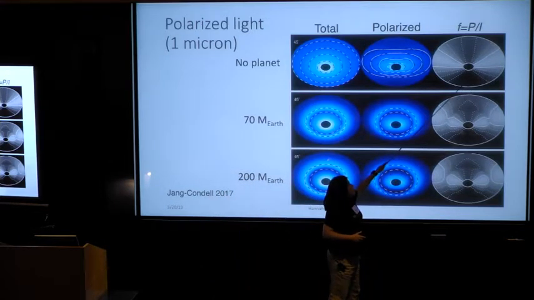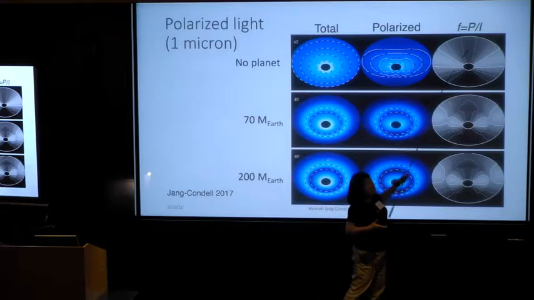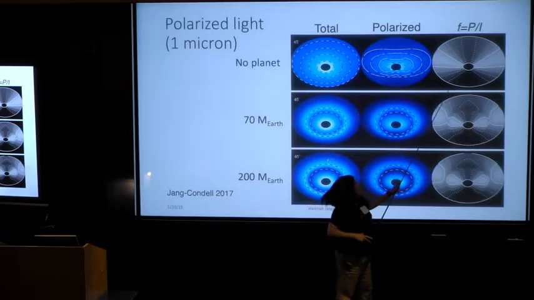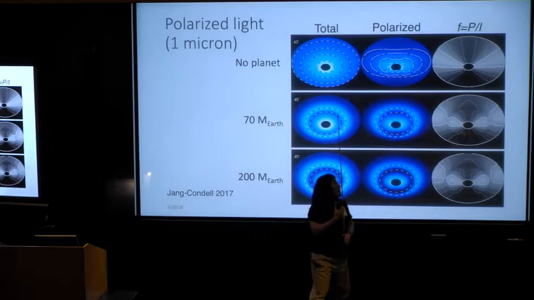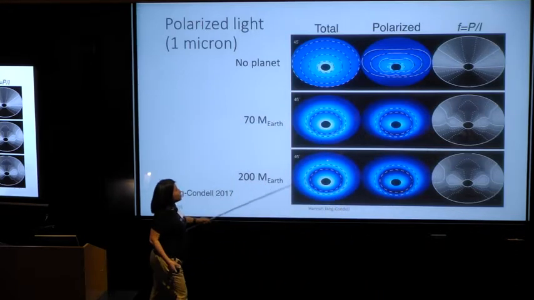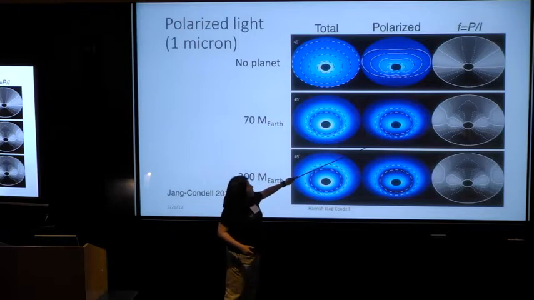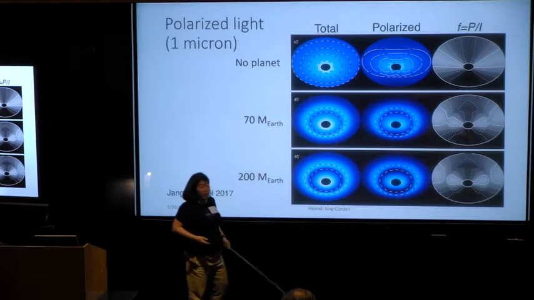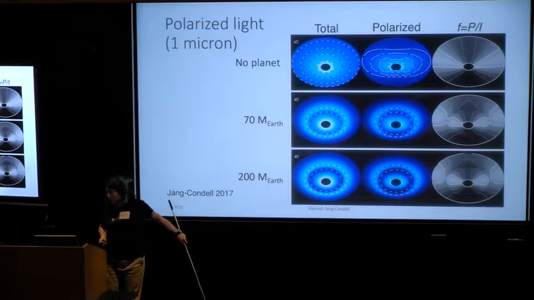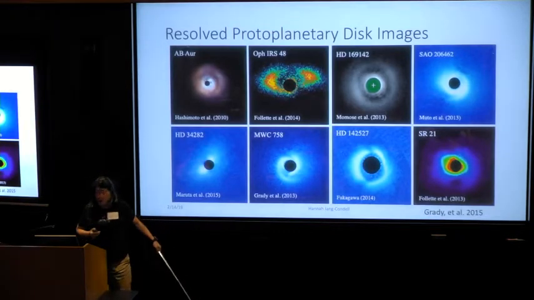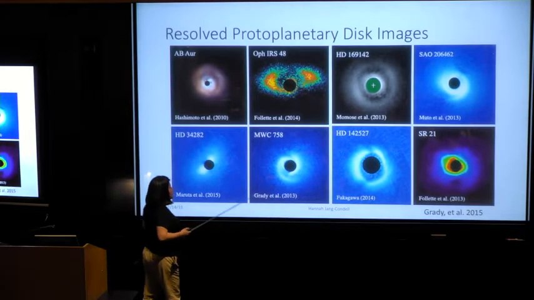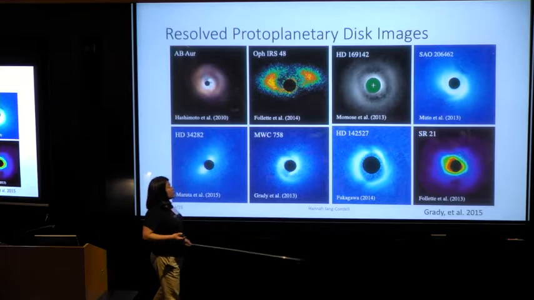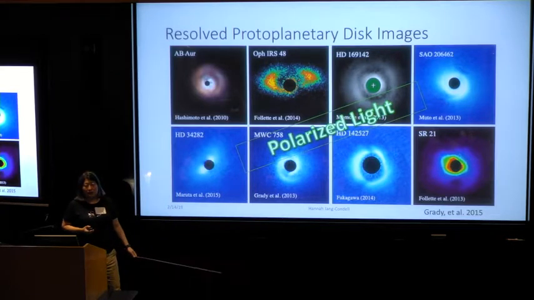This near edge and far edge have less polarization than these wings off to the side, which are closer to 90 degrees angle of scattering. And so that also affects your images when you have a gap in the disk as well. And so going back to this suite of images that I showed you before, these are all polarized scattered light.